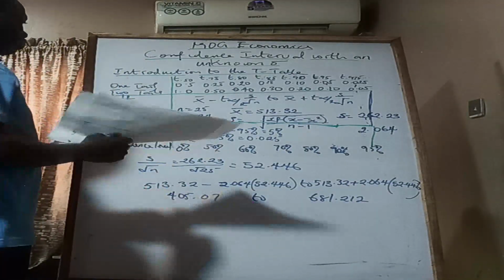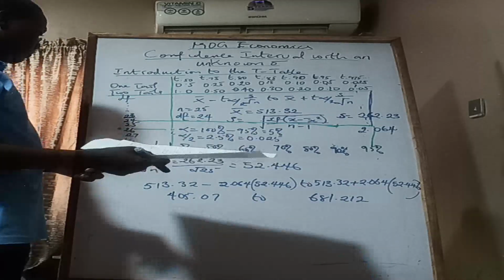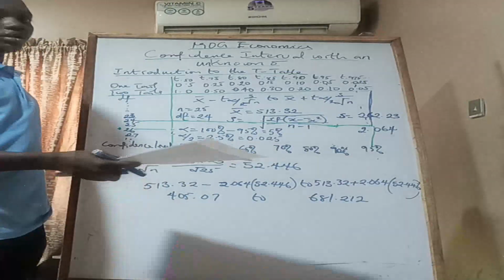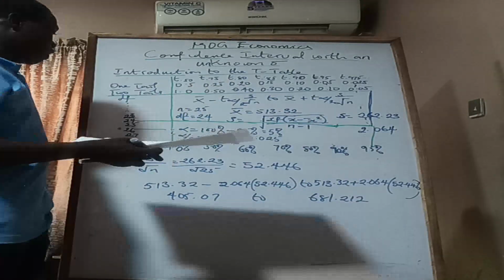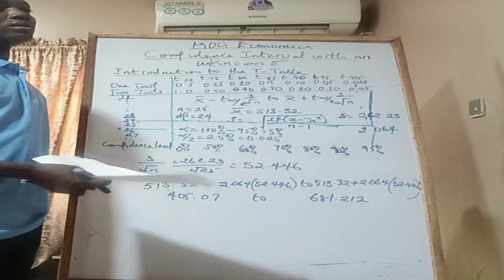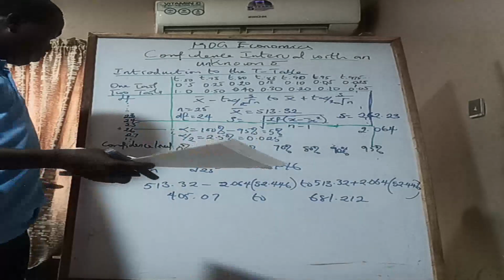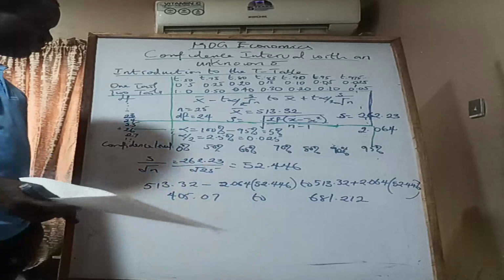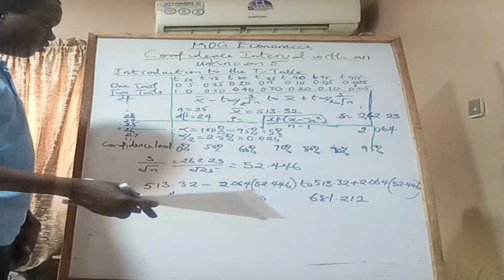To make our conclusion, we are just going to say that there is 95% confidence that the mean loss for all robbery offenses, because the question was for all robbery offenses, is between 405.07 thousand to 618.212 thousand. Do you understand?